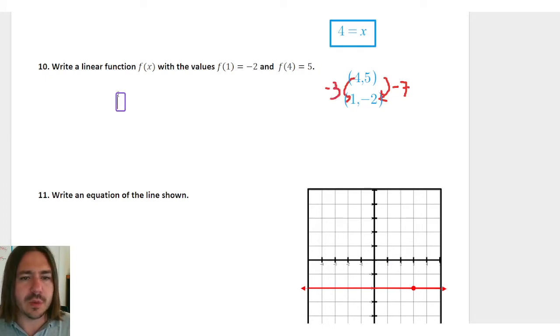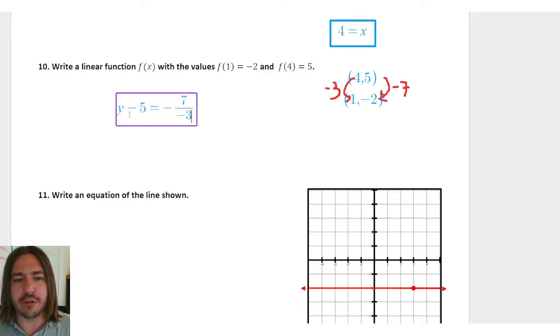So my y minus y1, and you can use either of these 2 points. I'm going to go with the one that doesn't have any negatives in it, just so it's a little bit easier to put together. So I'm going to use the (4, 5) as my x1, y1. So I'm going to have y minus 5 equals the slope, which is -7 over -3, but a negative divided by a negative is positive, so this ends up just being 7/3.